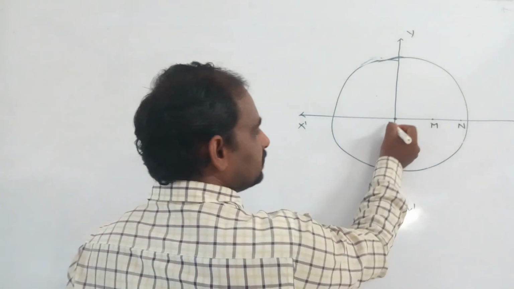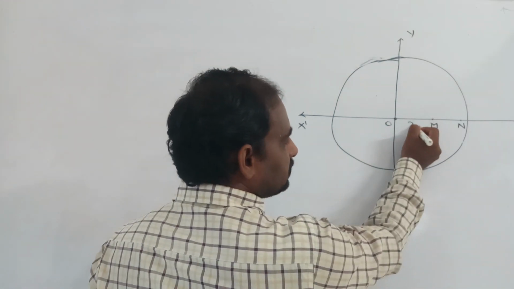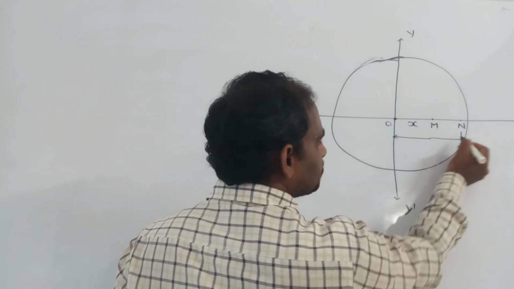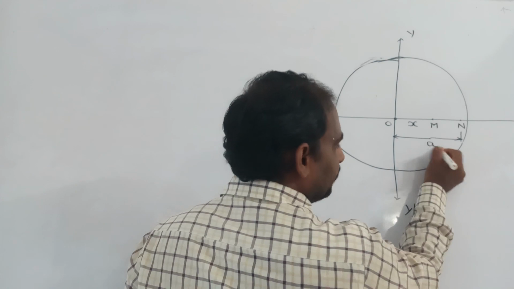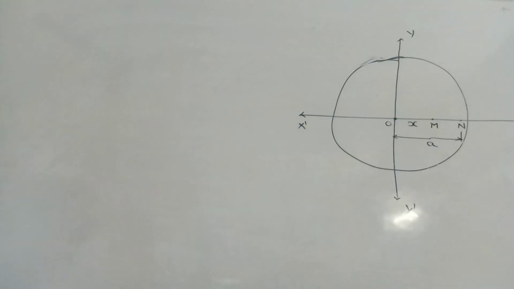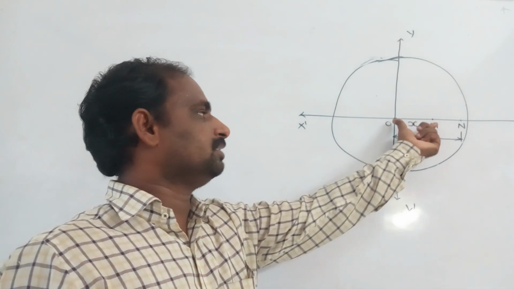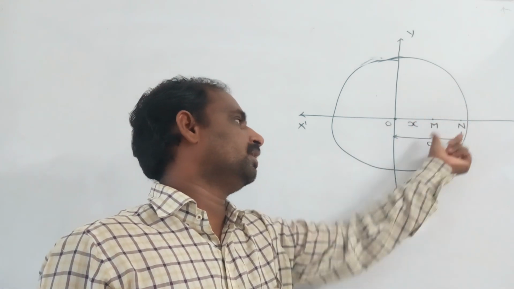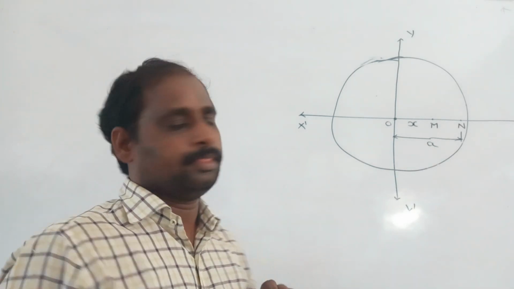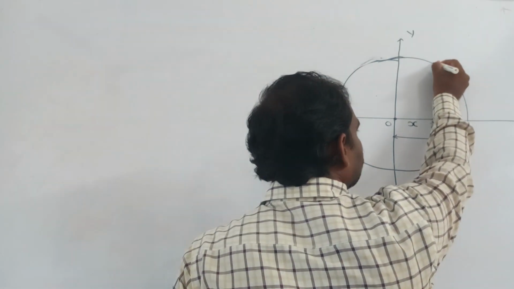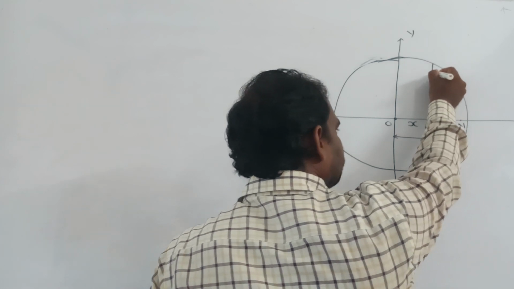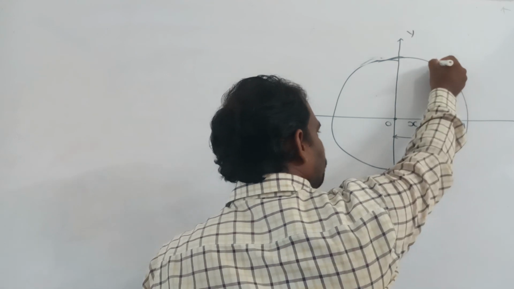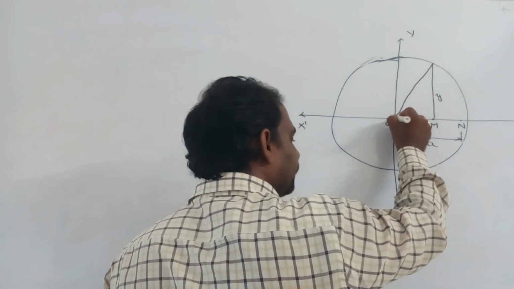Let the distance from O to M be taken as X, and on the x axis let ON be taken as A. Now take a point here, and let this vertical distance be taken as Y, and it becomes a right angle triangle.